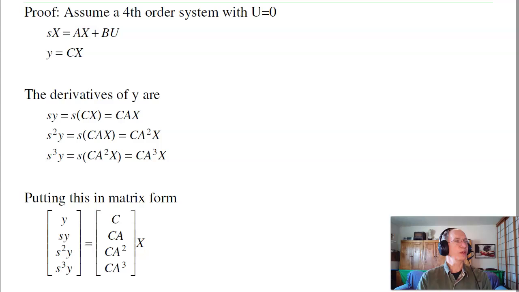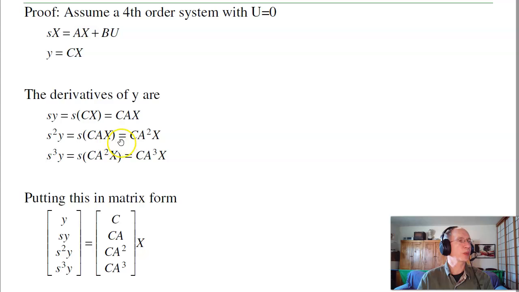As a proof, assume a system is fourth order, just for convenience, and assume the input is 0. In that case, I have the following system. X dot equals AX, Y equals CX. Can I determine what X of 0 is from the output and its derivatives? Well, if I take the derivative, that's S times Y, substituting SX equals AX, gives you CAX.